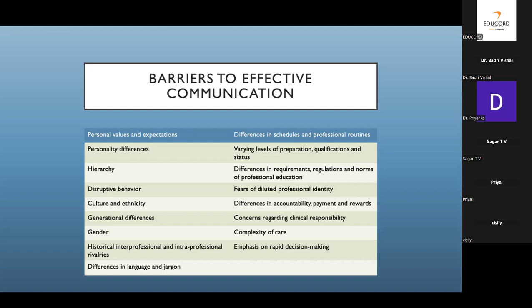Then a difference in language and jargon creates a lot of problems, especially in a country like India, where you have so many languages. I can tell you from my experience. When I graduated from my university in Karnataka, we were made to learn Kannada. Why?